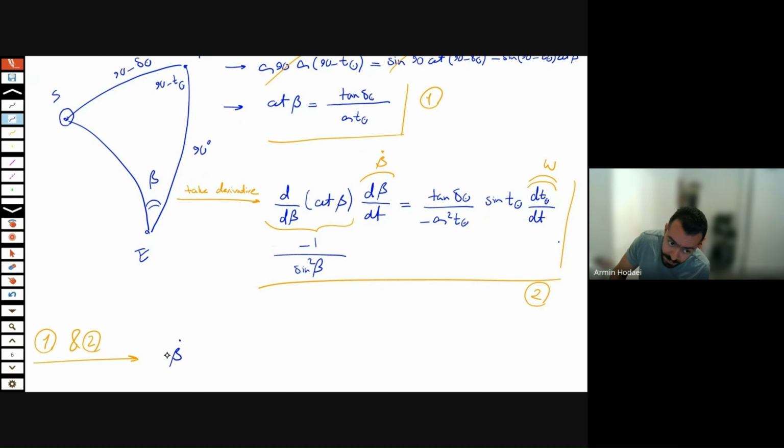So beta dot times negative 1 sine square beta.